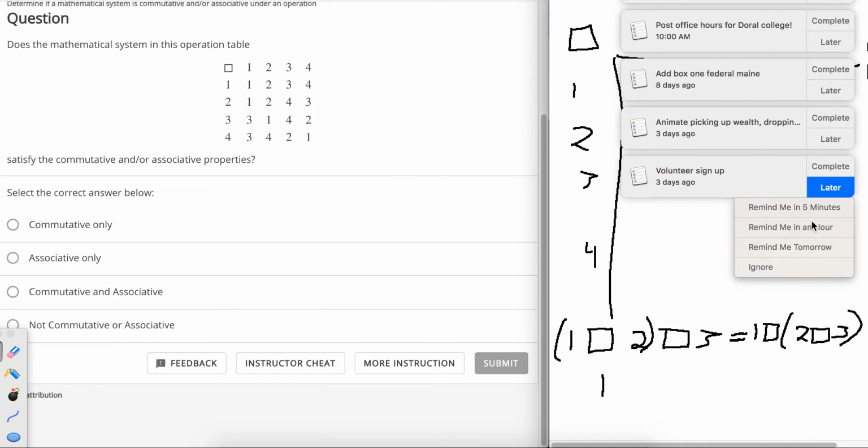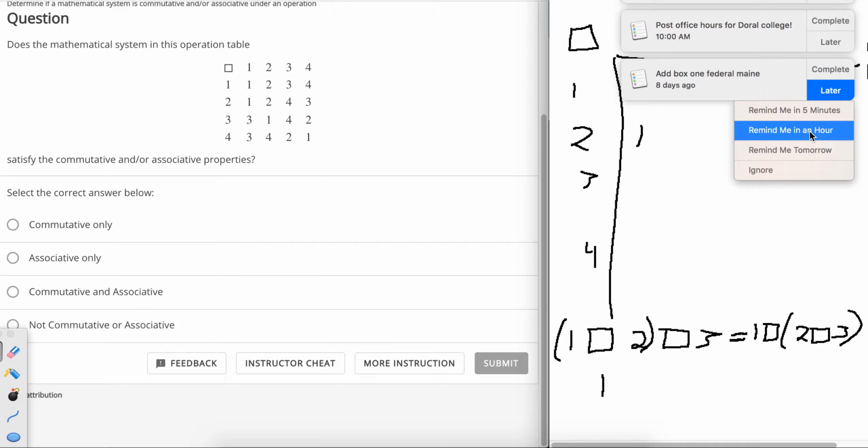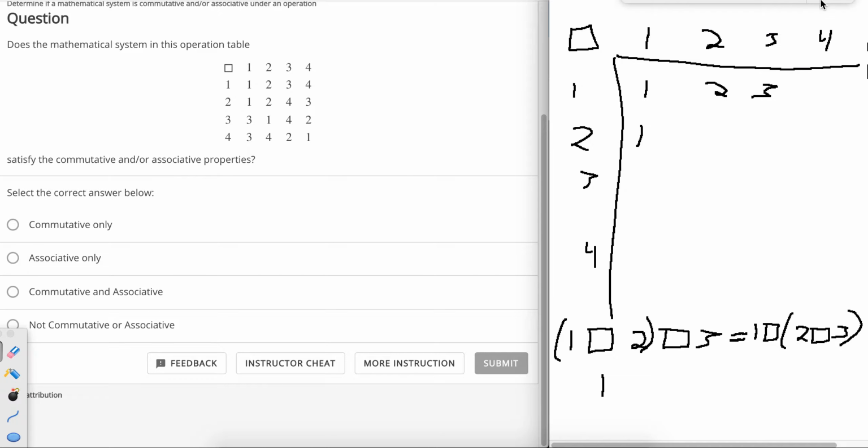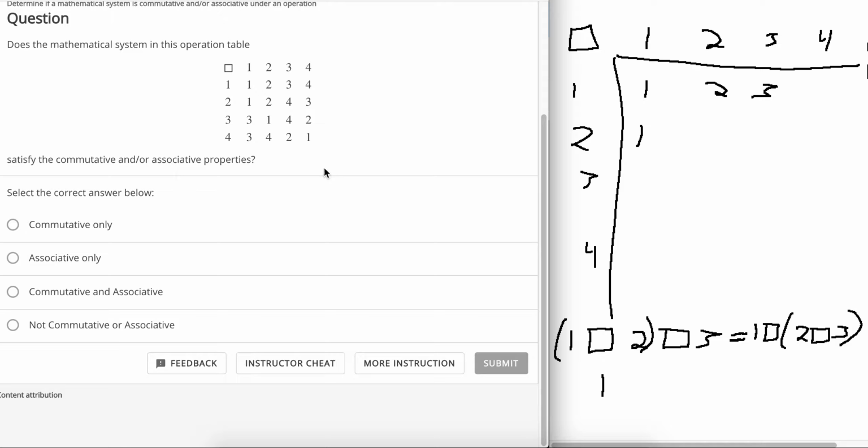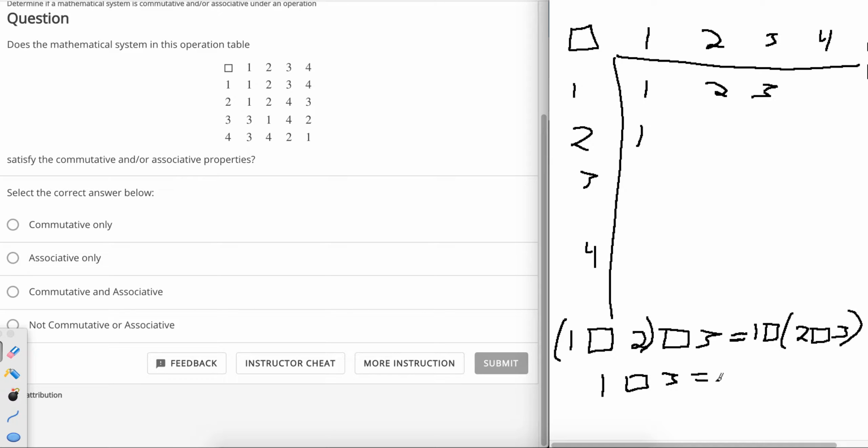So, oh boy, volunteer, taxes. Okay, so 1 square 2 gives us 1. 2 square 3. 2 on the row, 3 on the column over here. It makes us line up with the number 1.